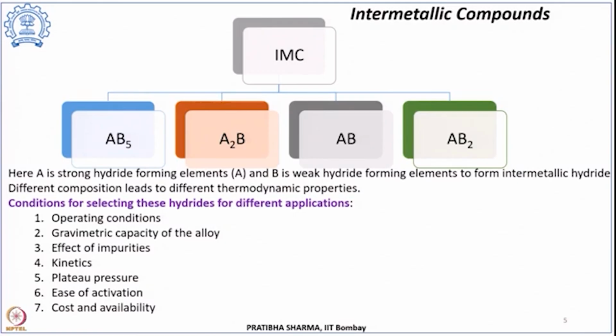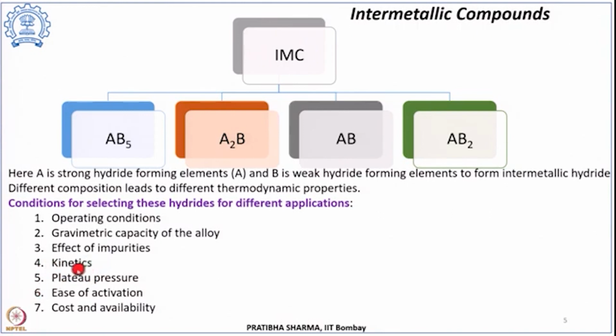Now when we are selecting these intermetallic compounds for different hydrogen storage applications, what we need to look at is what are the operating conditions, what are the temperature and pressure, what is the capacity of that alloy, is it affected by the presence of impurities in the material itself as well as in the gas hydrogen.